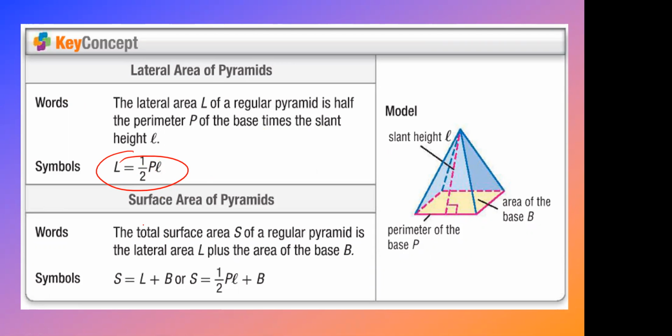And for surface area, we use the lateral area plus B, which is the area of the base. We could also replace the lateral area formula in for L, and then we're still adding the area of the base. The base depends on what shape the base is.